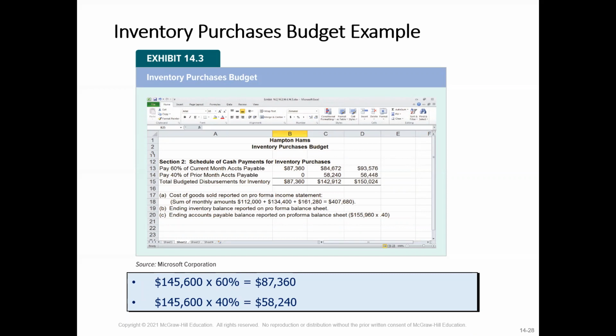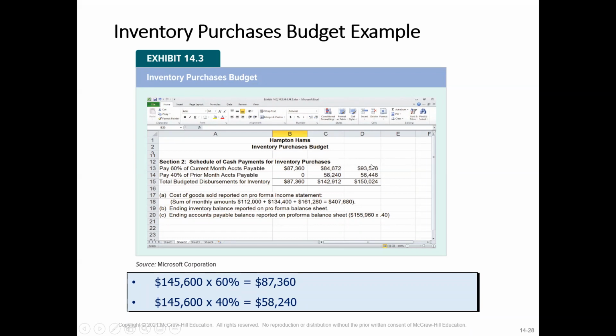Okay, so in October, we're paying 60% of the current month's account payable. There was no prior accounts payable since the store just opened in October. November, column C, we'll be paying the other 40% of the October purchases, which is this 58,240, plus 60% of the November purchases.